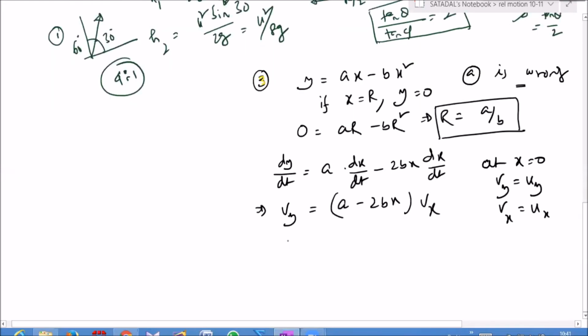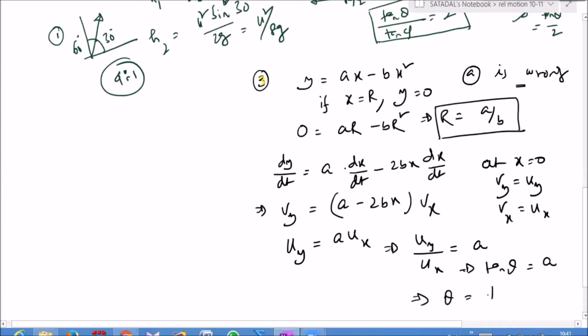So I can write Uy is equal to A into Ux. So Uy by Ux is equal to A, so tan theta is equal to A. So theta is equal to tan inverse of A. So the initial angle of projection is tan inverse of A. Correct?